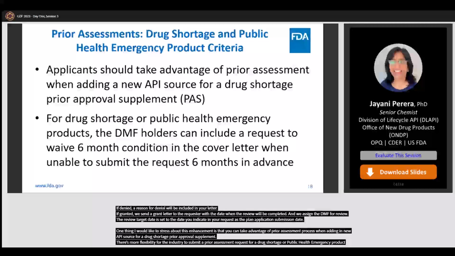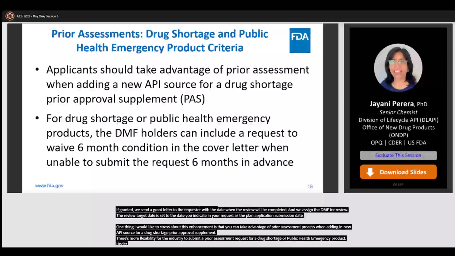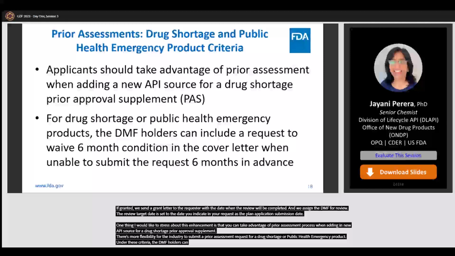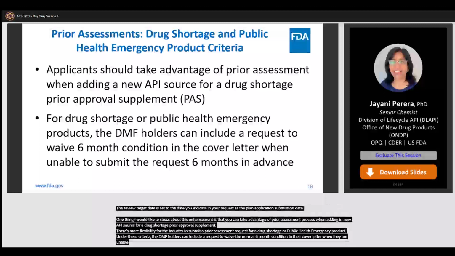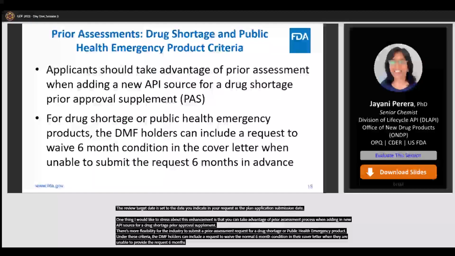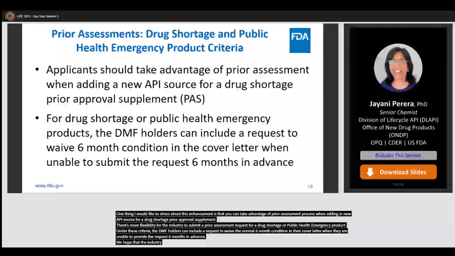Under these criteria, the DMF holders can include a request to waive the normal 6-month condition in their cover letter when they are unable to provide the request 6 months in advance. We hope that the industry would take advantage of these criteria when submitting a prior assessment request.